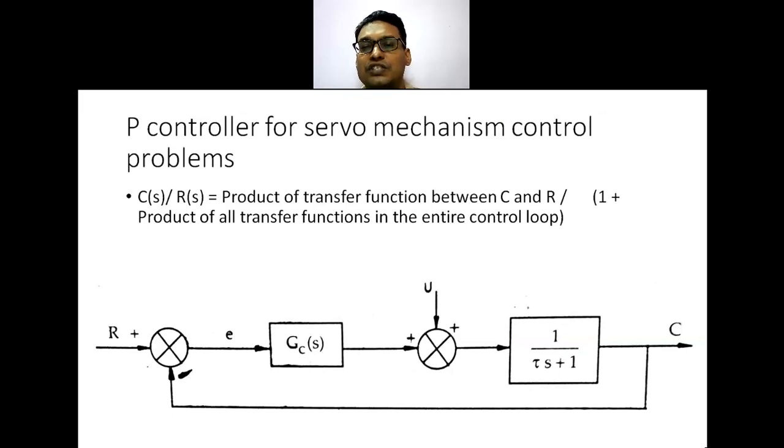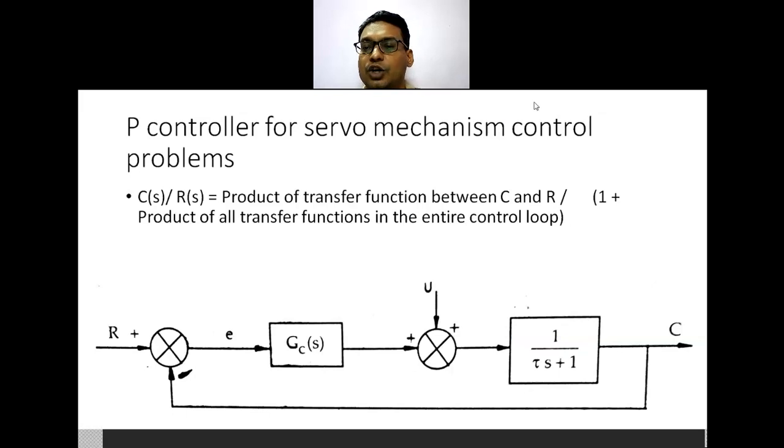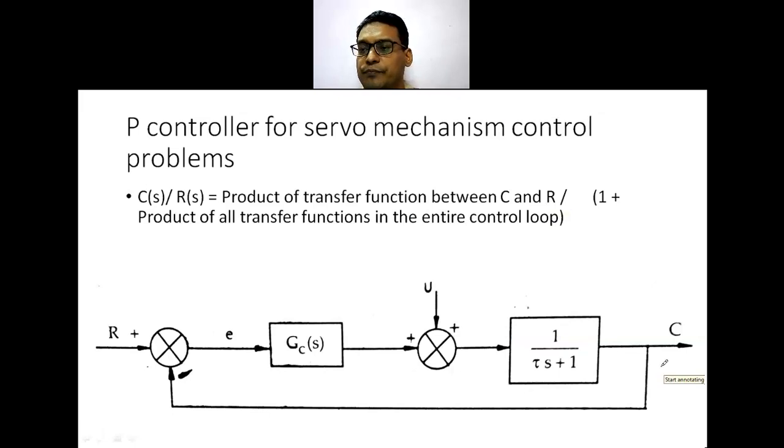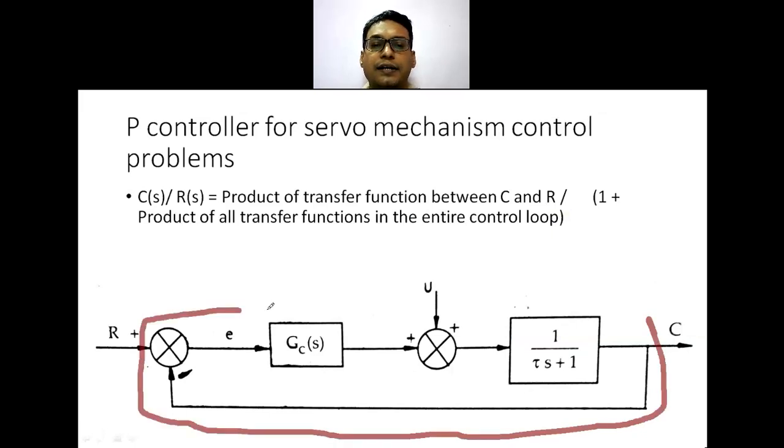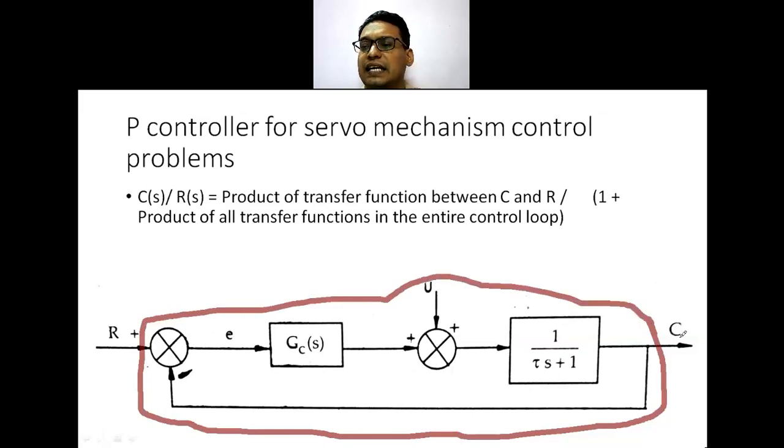That is the overall transfer function incorporating both systems, the controller as well as the first order system, relating this C and R. Its transfer function is the product of transfer functions between C and R upon 1 plus the product of all transfer functions in the entire control loop.